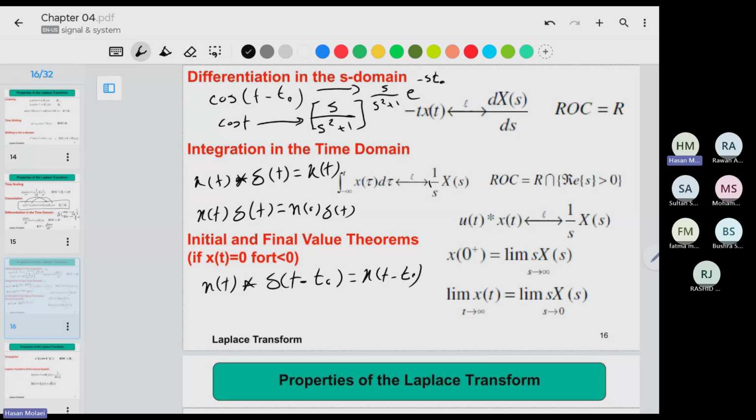I can find it another way. x(t) convolved with delta(t). In Laplace domain, I can change convolution to multiplication. The Laplace transform of x(t) is X(s), the Laplace transform of delta is 1, which gives X(s).